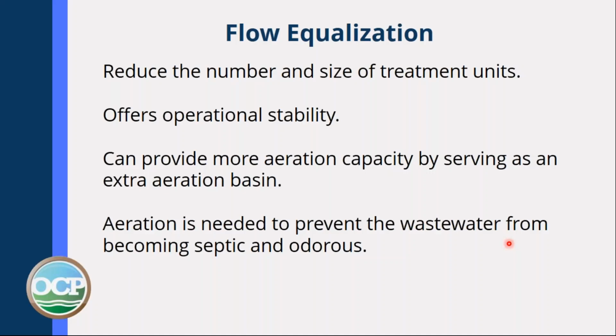Because it's a basin, you can add more aeration capacity, which will start the treatment process earlier. And if you're going to keep things a long time, you probably do need aeration to prevent the wastewater that's sitting in there from becoming anaerobic or septic and then smelling.